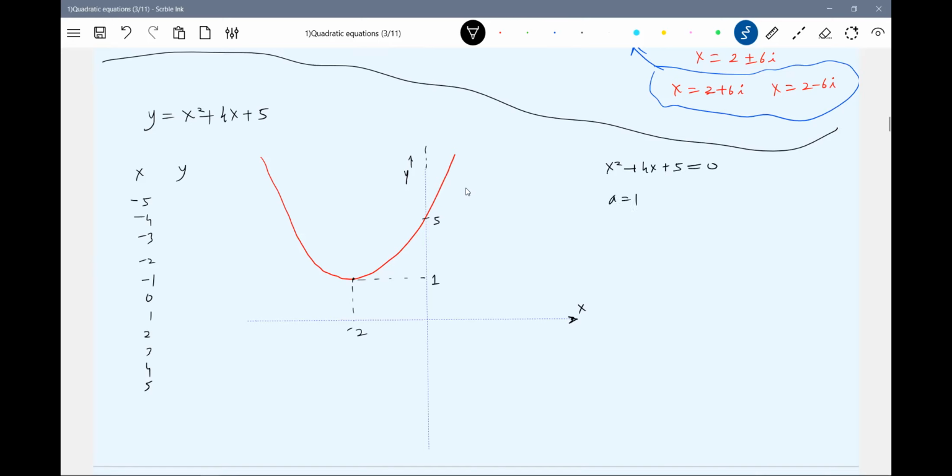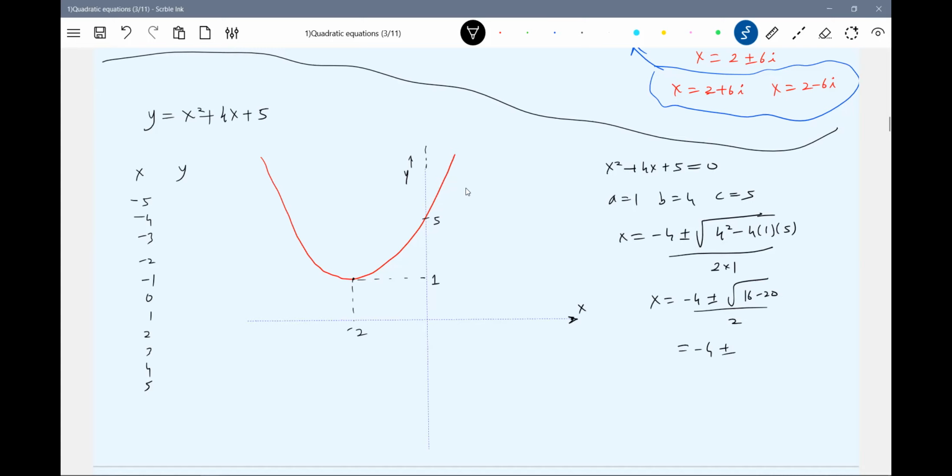So a is 1, b is 4, c is 5. So x equal to minus 4 plus or minus root of 4 square minus 4 into 1 into 5, over 2 into 1. So x equal to minus 4 plus or minus root of 16 minus 20, by 2. So this will be root minus 4 by 2.